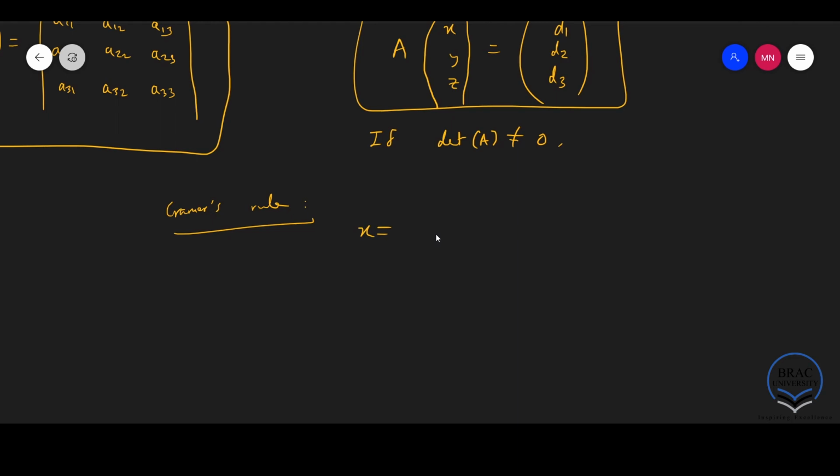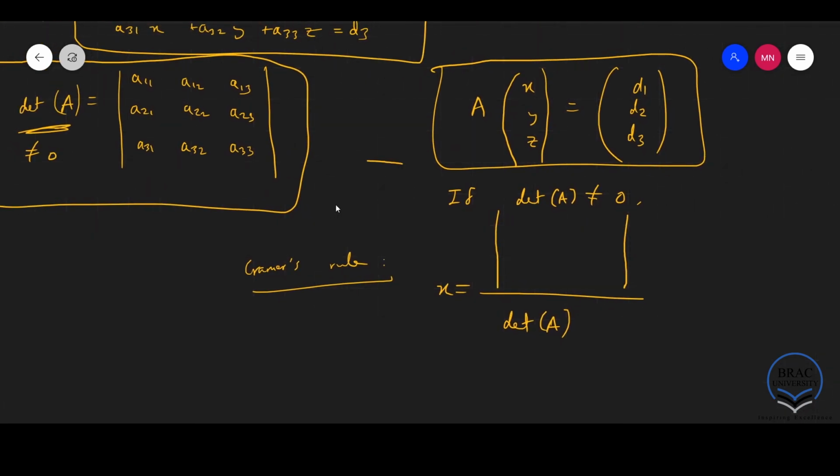So similar to the system of two linear equations in two variables, to find x, we will have in the denominator just the determinant of A, and in the numerator we will have this exact determinant, except the only difference is we will replace the first column with this column on the right hand side.